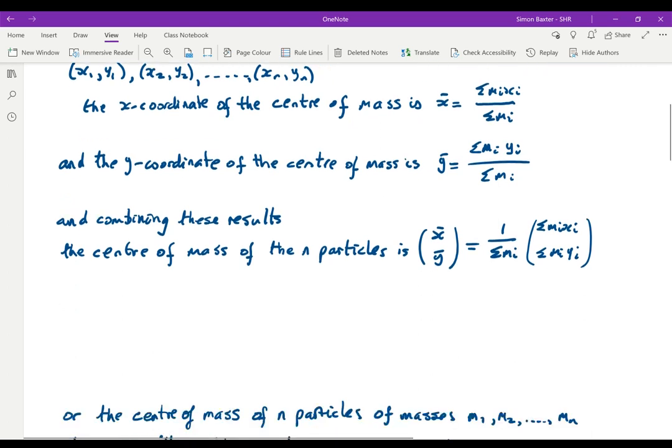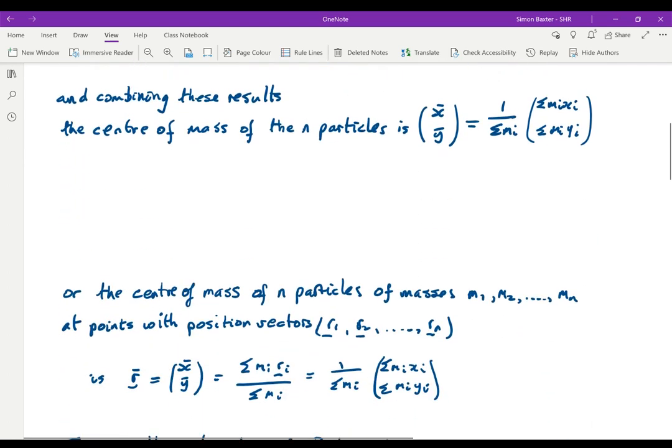Or we could write that in the form that if we have n particles of masses m1 up to mn at position vectors r1, r2 up to rn, the center of mass r bar is equal to x bar, y bar, which is sigma mi ri divided by sigma mi, the same as 1 over sigma mi times the vector sigma mi xi, sigma mi yi.